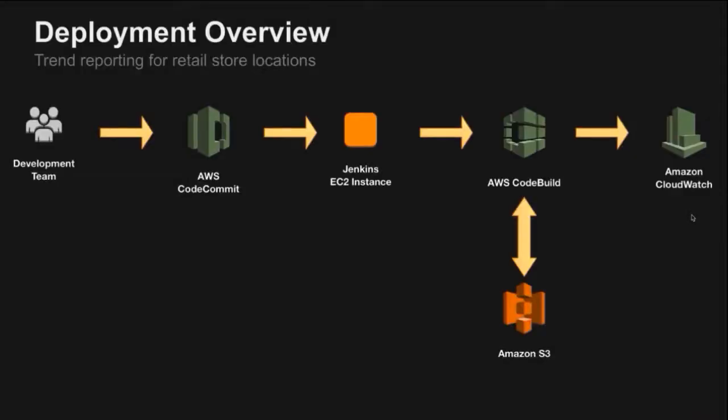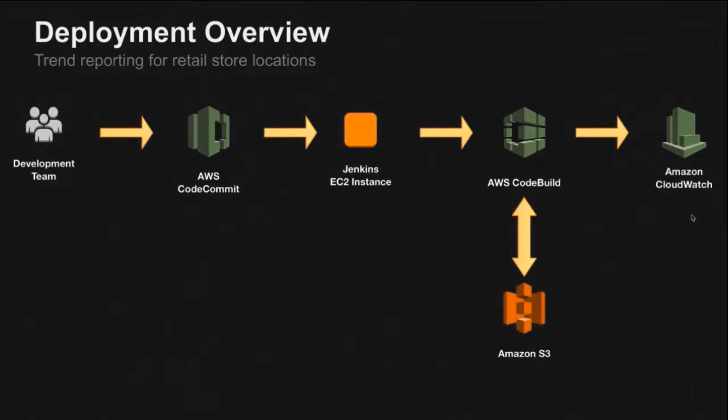So let's see how it can easily fit into your Jenkins workflow. A development team commits to the code repository, and in this case, it's AWS CodeCommit, but it can be another code repository such as GitHub or Bitbucket. So these changes to the code base trigger the Jenkins project that is associated with the code base.